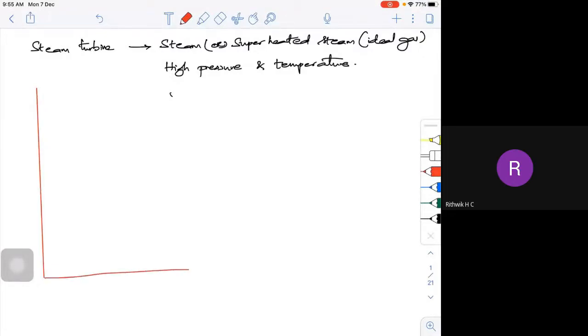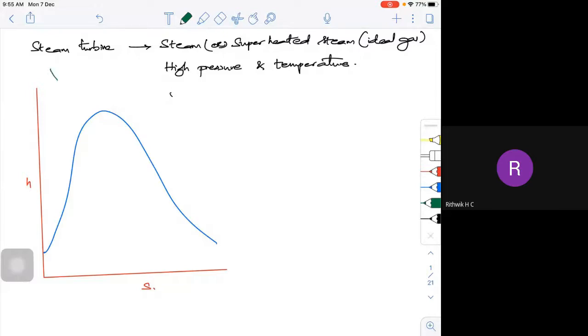So this is my HS diagram, and I do have what is called a critical point. This is a dome, this is my saturation line, and if I try to draw all my temperature isotherms, there is one critical isotherm going like this, then something like this, then I'll draw one or two more.